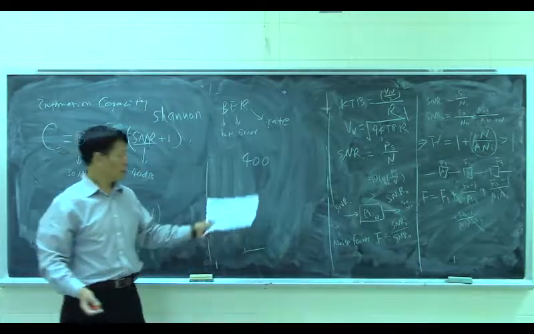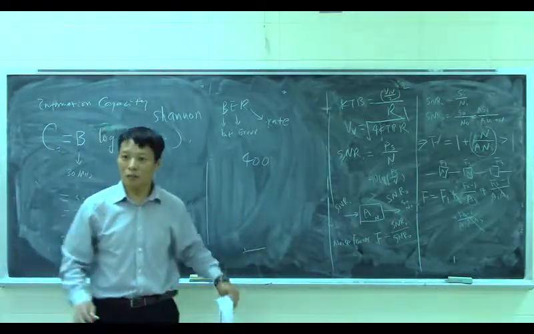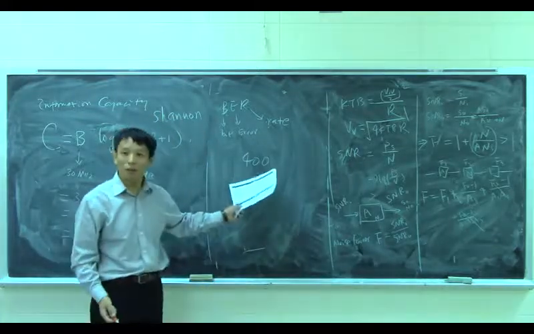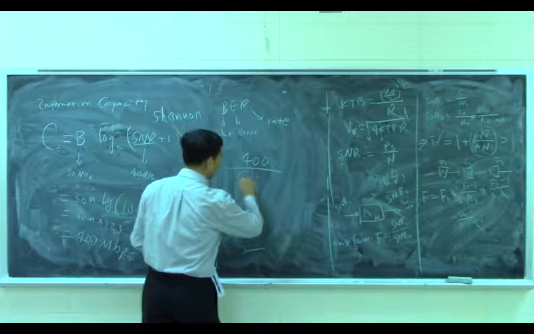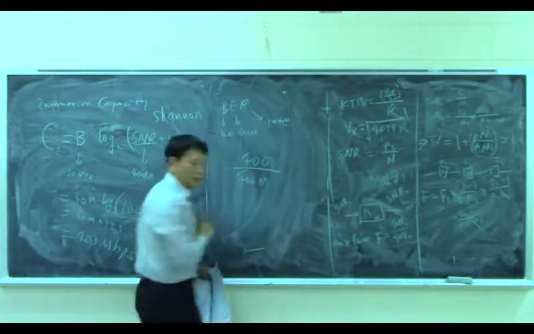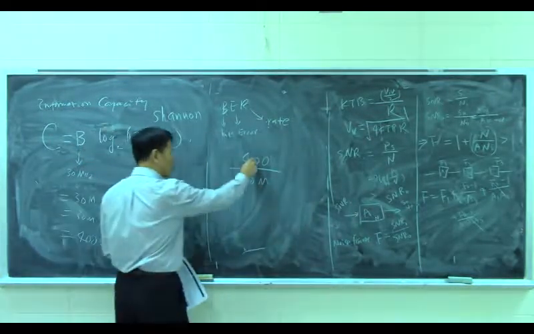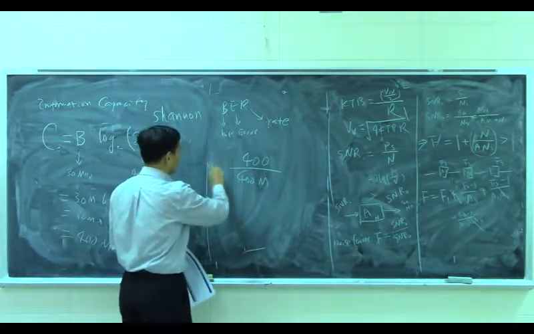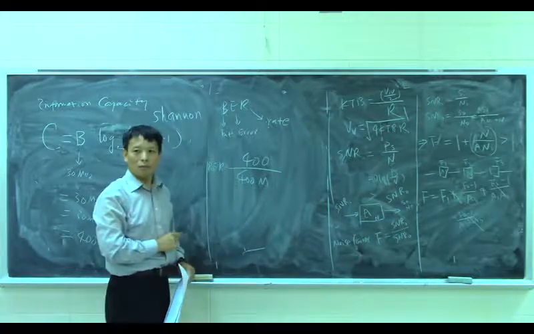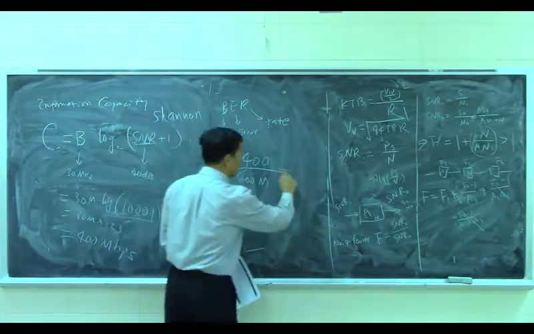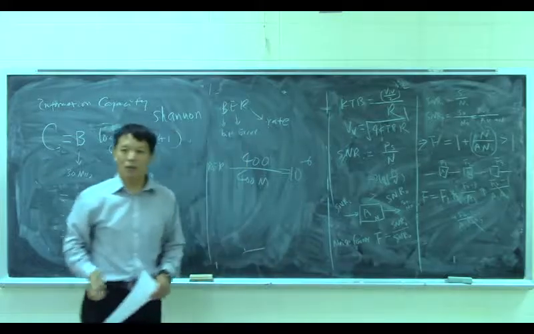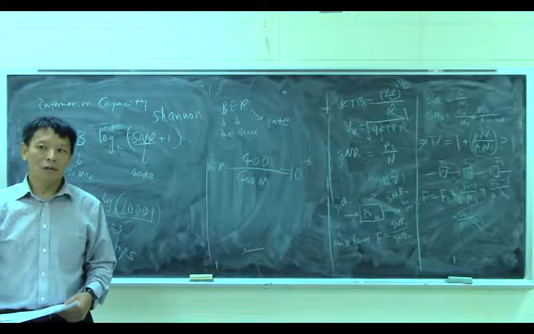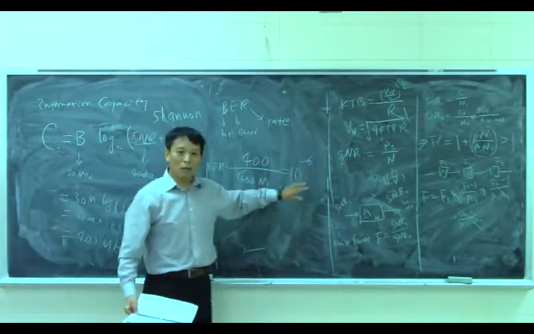When you receive, 400 bits are distorted: I transmit 1, you receive 0; I transmit 0, you receive 1. But you totally transmitted 400 megabits. The number of error bits divided by the total transmitted is called the bit error rate. So in this example, that equals 10 to the negative 6.